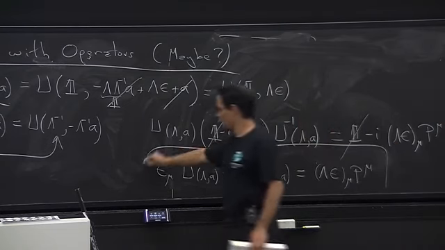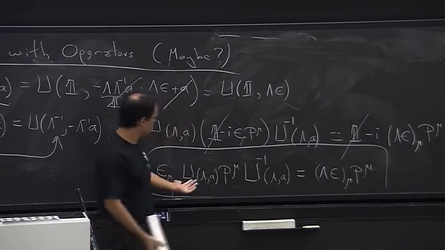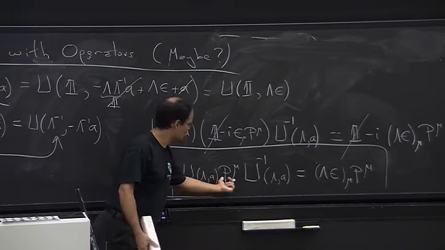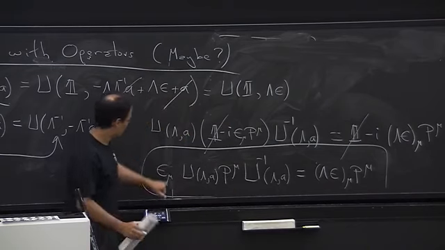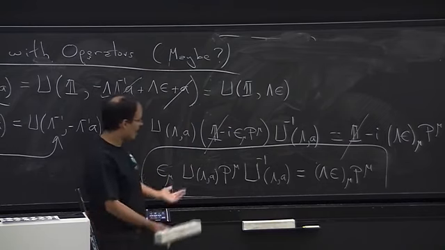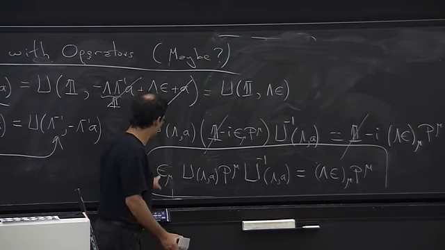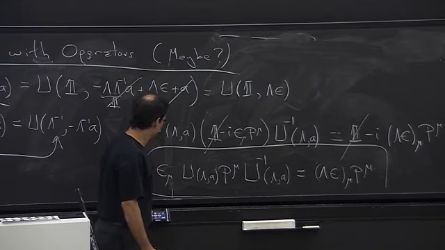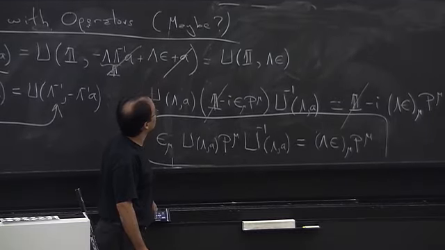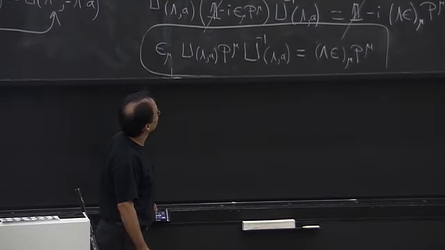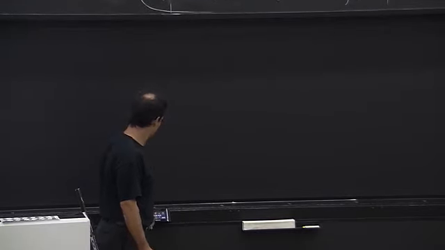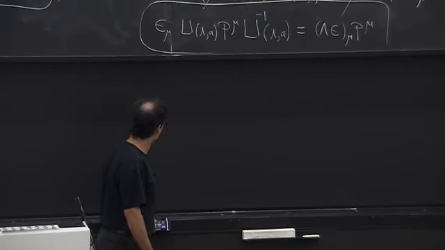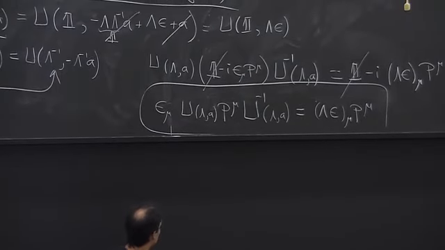So this is almost what I want, because what I really want is to see how this guy transforms, not this combination. But this epsilon is infinitesimal and generic. So this must be true component by component, and that's what I would like to do now. I want to extract one component of that.